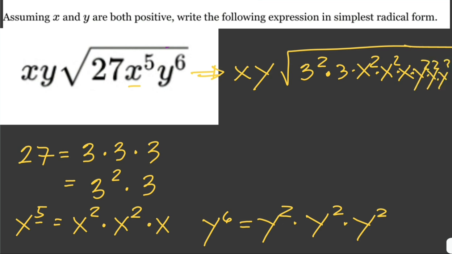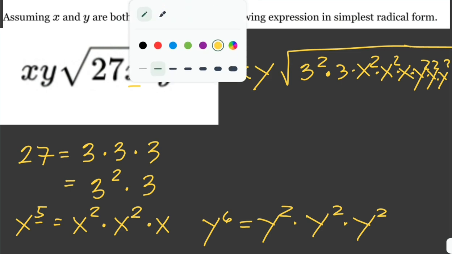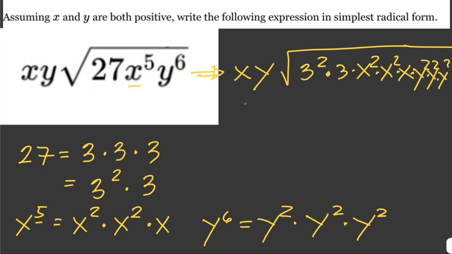Alright, and then we get the square root of those numbers and variables that are raised to the power of 2. So this would become xy. We copy xy. Square root of 3 squared is 3, so we put 3 outside. Square root of x squared is x.